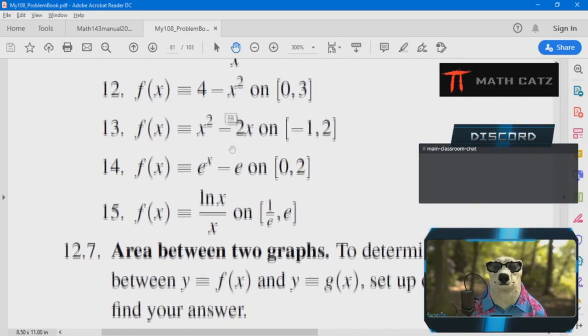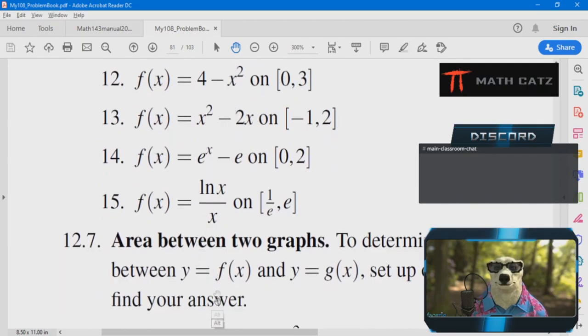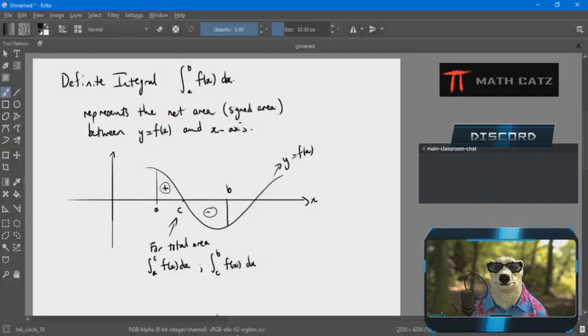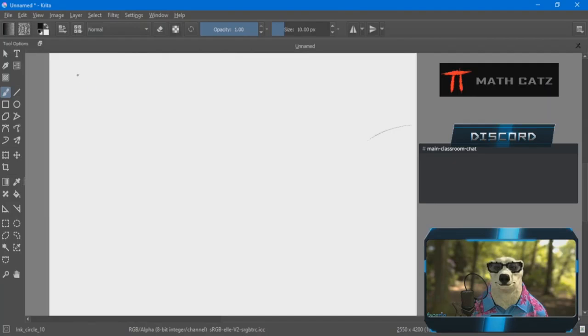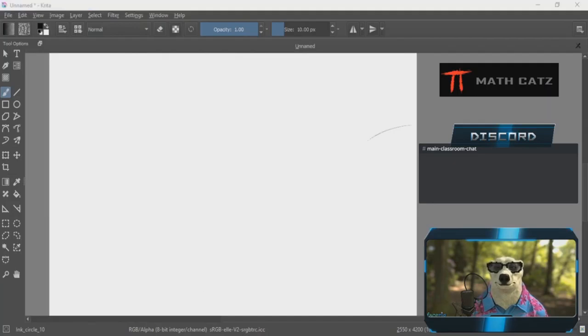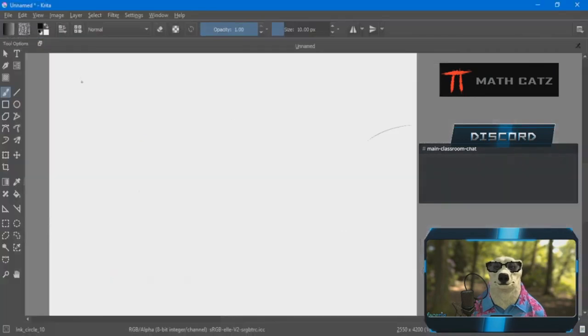Where's 12? No, this one. Just to make it easy, in the case where I can graph it and visualize what's happening. So I have 4 minus x squared on 0 to 3. What was that number? 12.